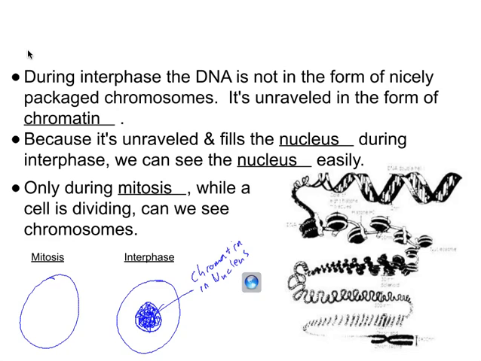So we're drawing a sketch here of what's going on in interphase and in mitosis. Interphase has chromatin in the nucleus. In other words, the DNA is unraveled and sprawled all around in the nucleus. Mitosis, though, what do you think is going to be the difference?